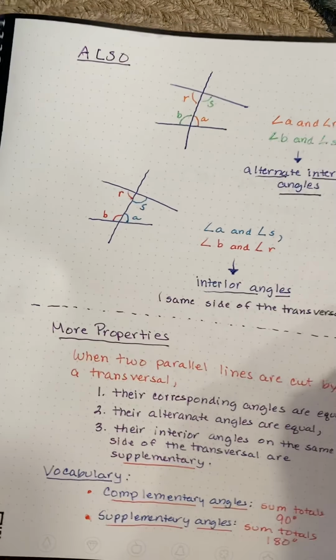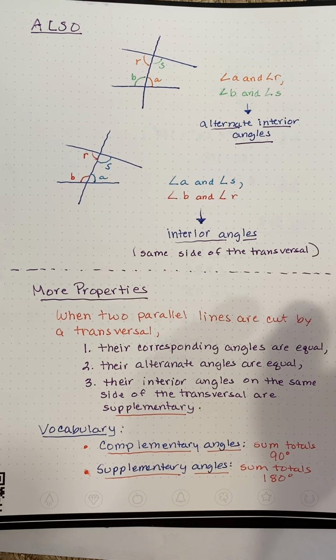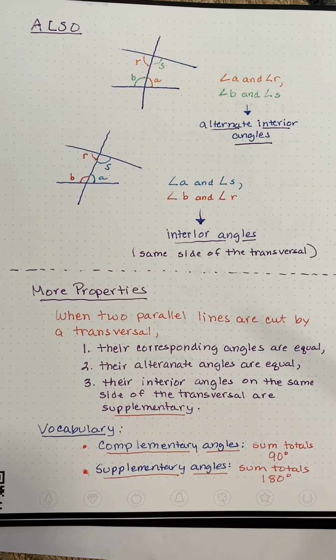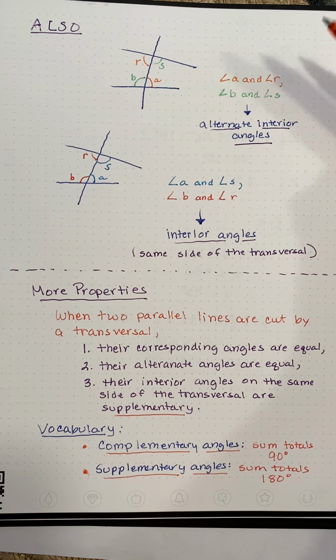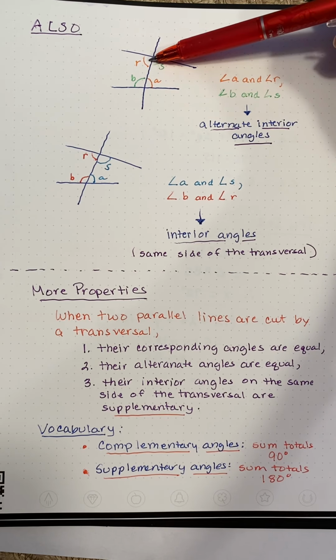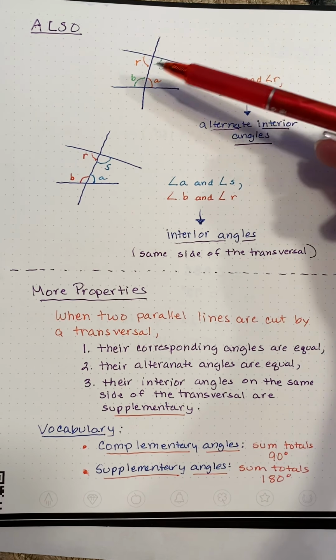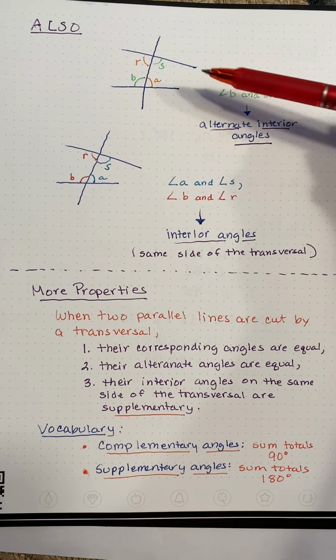Like always, pause, take a minute, reflect, rewind, whatever you need to do, ask questions. Also, we have another set of lines with a transversal. In this case, we have angle A and angle R, and angle B and angle S are alternate interior angles.